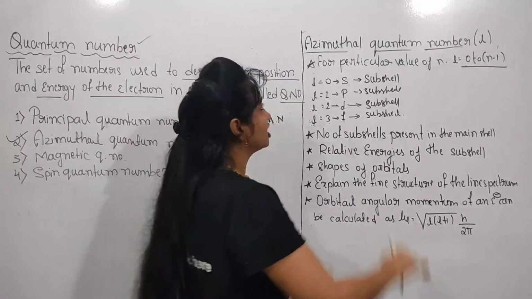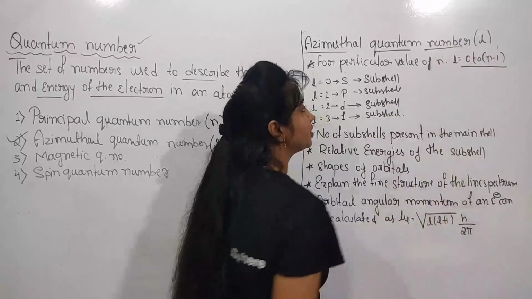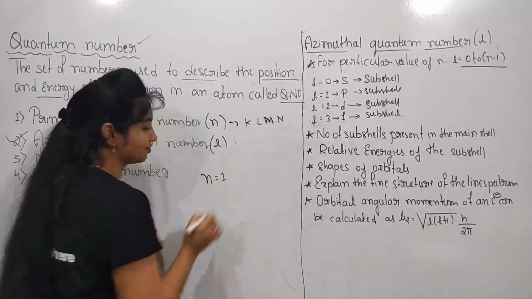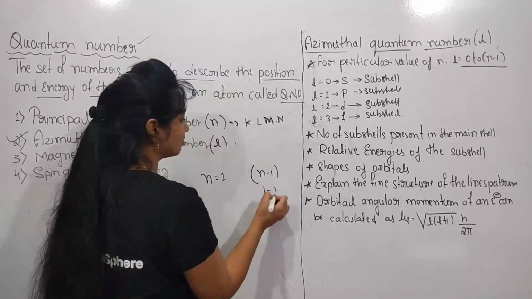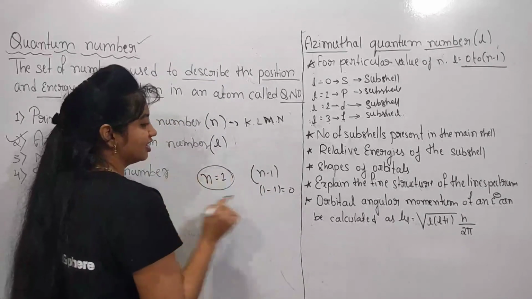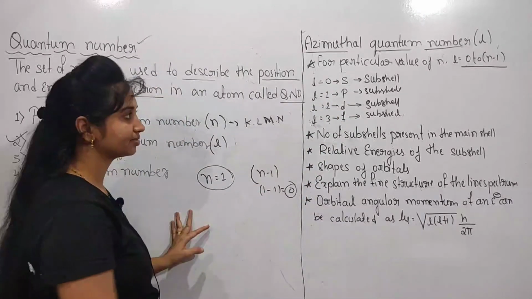So see here, I already told you, for a particular value of n, l is equal to 0 to n minus 1. If we have n value 1, then what happens? n minus 1 means 1 minus 1 is equal to 0. In our first shell, the subshell is 0, meaning S subshell.